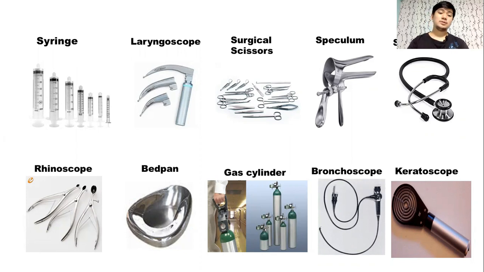So what is the use of these medical instruments? Syringe is used in withdrawing or injecting fluids or cleaning wounds. Next is laryngoscope. It is used for examination of the larynx. Next is surgical scissors.